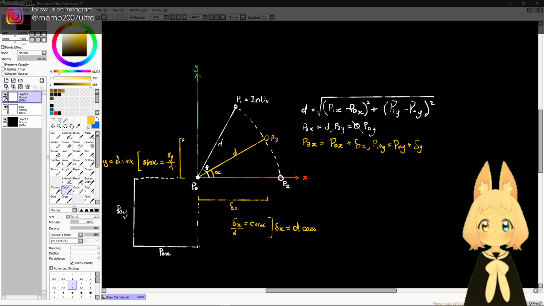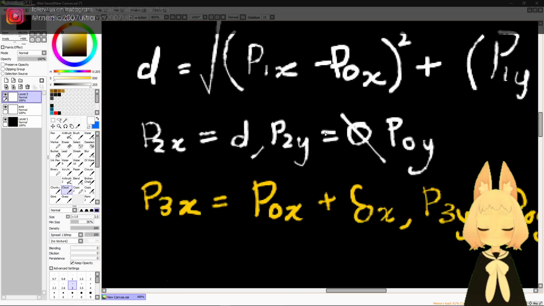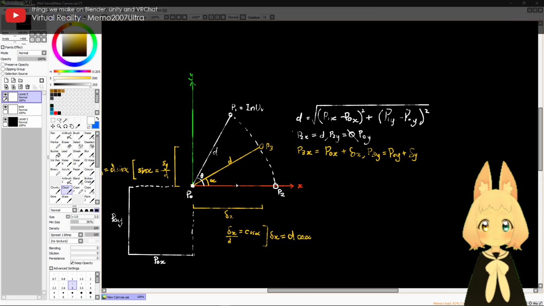Then hold up a second. Then there is no need to calculate P2. Or is it, let's see.